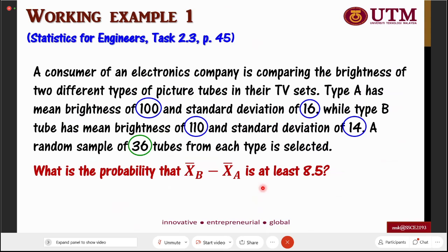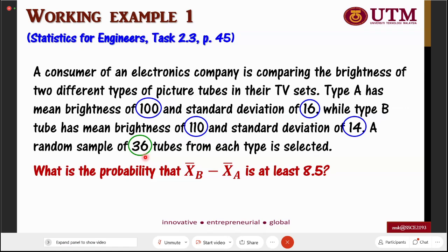Remember when you learned chapter 1, in the first topic of this chapter, you should have watched the video. When you deal with a single sample mean, X bar alone, when you sample from a normal distribution, then X bar will be normal. But when you sample from a non-normal, any distribution, then X bar will also be normal as long as the sample size is large.